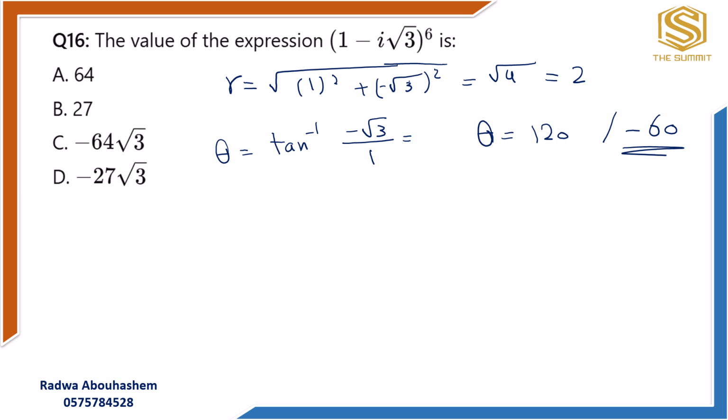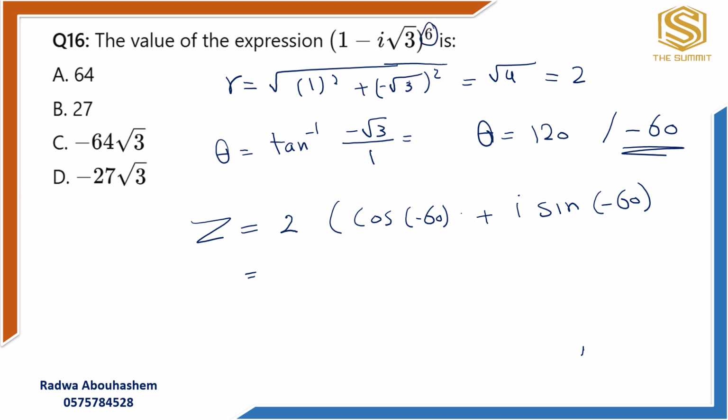So here, it's okay. Now let's apply De Moivre's theorem. So z here equals 2 times cosine negative 60 plus i sine negative 60. I need to raise it to the power of 6.